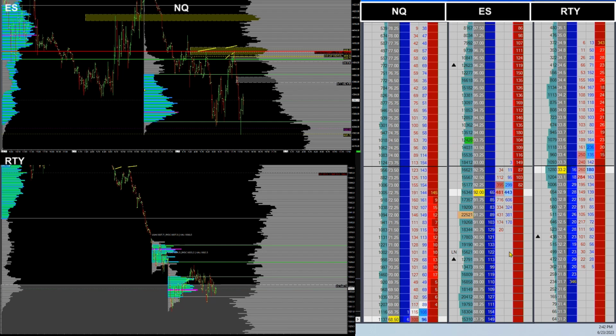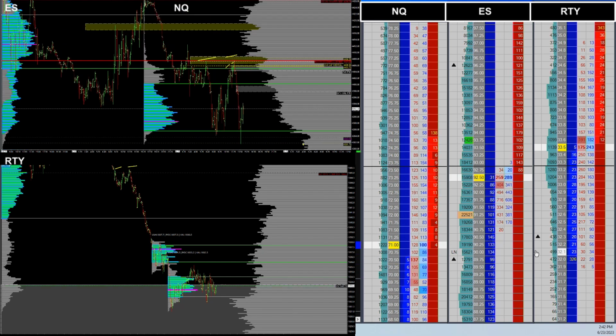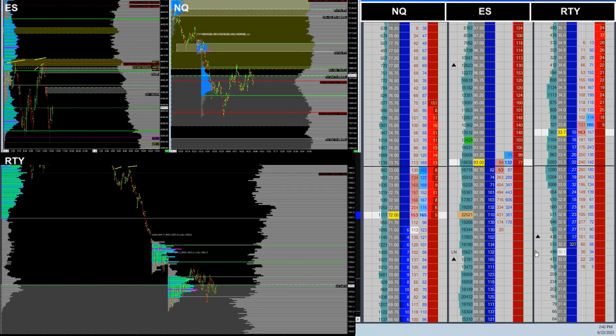There's nothing. I've been talking about on the highest time frame ES rotating down here, and I think it needs to rotate down there. There might be a little last minute setup here. This could be very tricky.